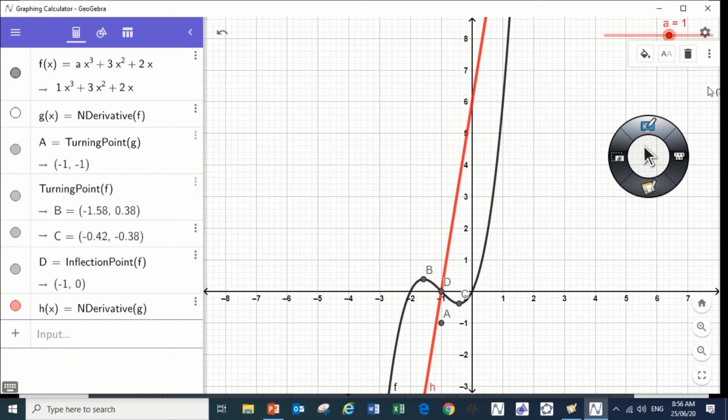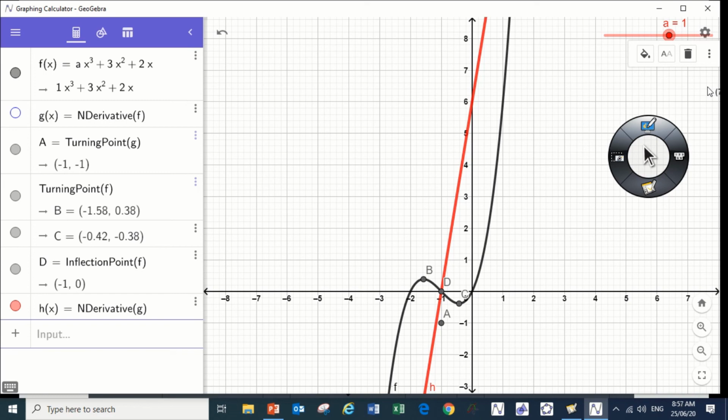Now the a value is positive, so we have a positive gradient for the linear function. Our cubic graph is going to be concave down, then concave up. In the third quadrant, the y values are negative and the cubic graph is concave down. So f double prime of x is less than 0 when the graph is concave down.